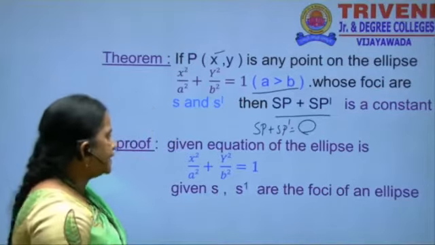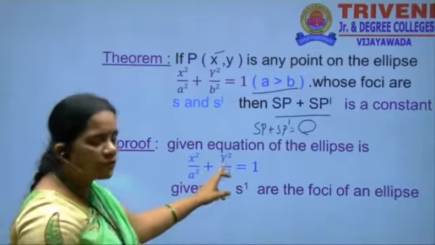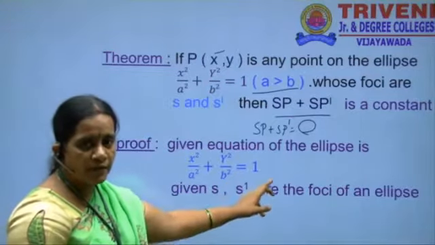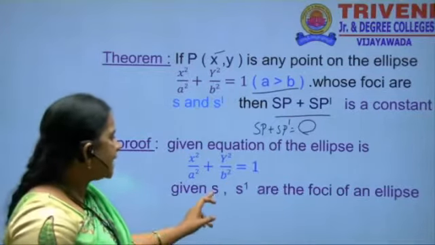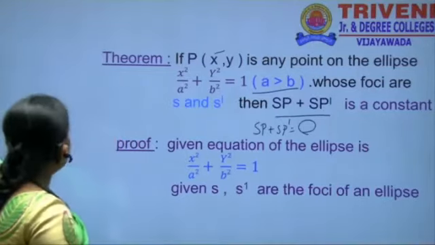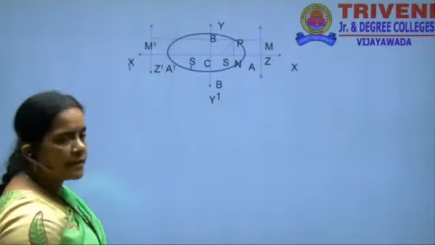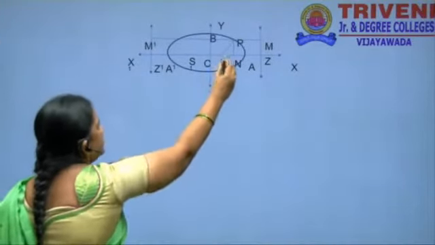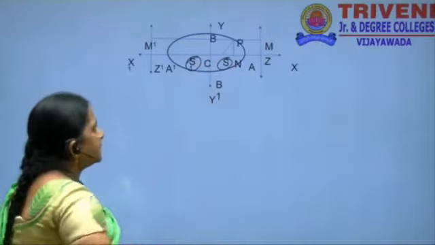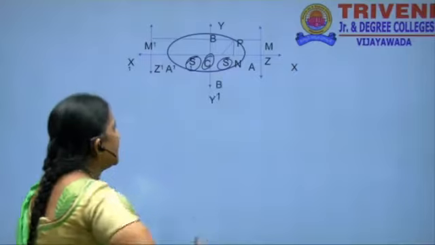Okay, they have given the ellipse form x square by a square plus y square by b square is equal to 1. Here S and S dash are the foci of the ellipse and C is the center of the ellipse.